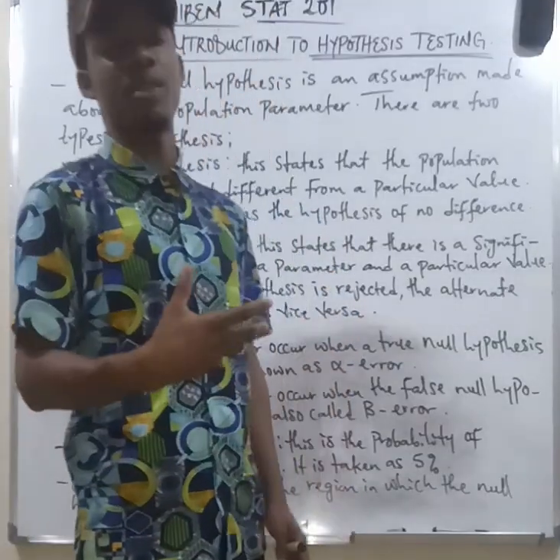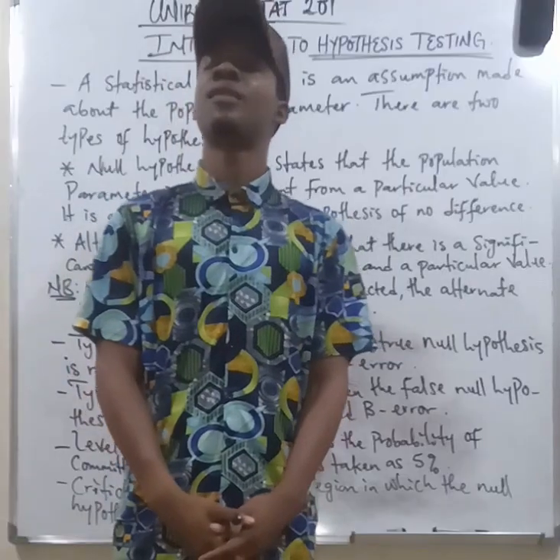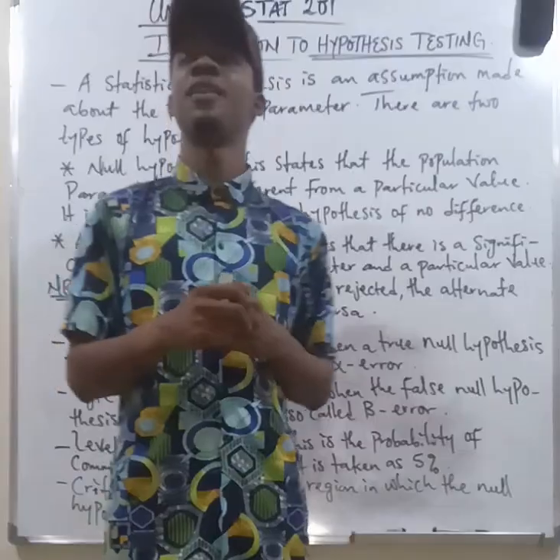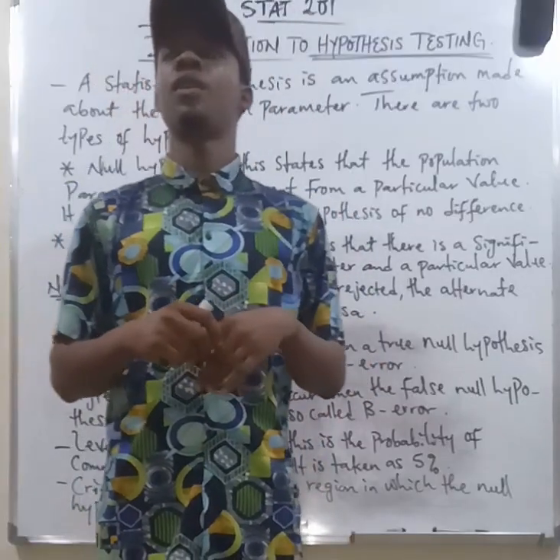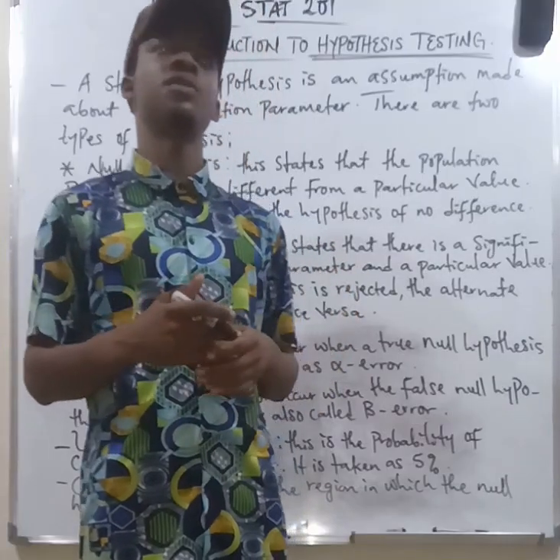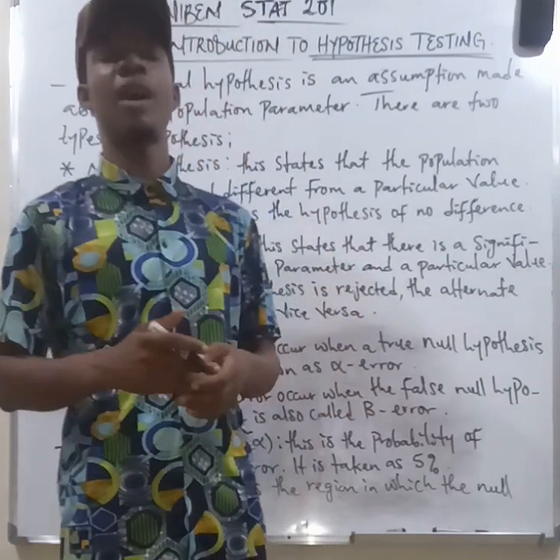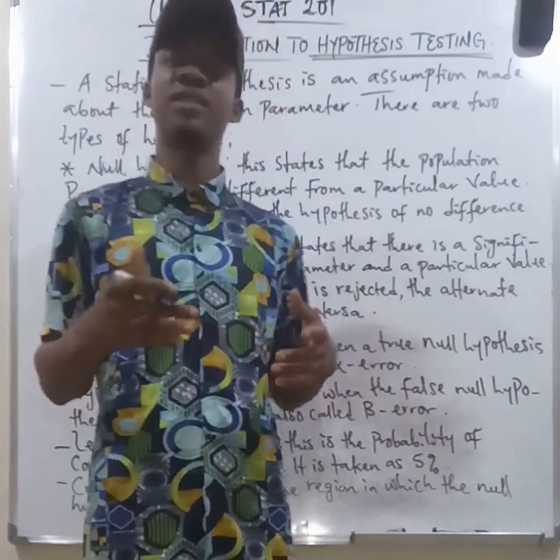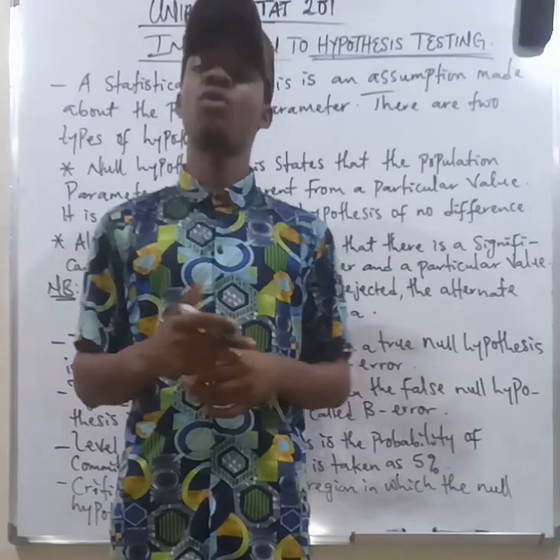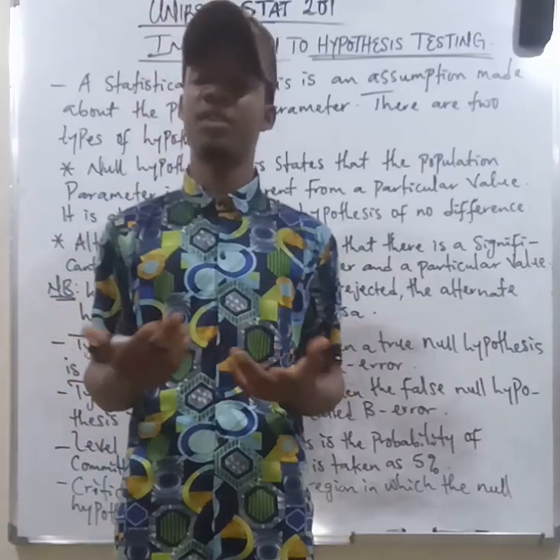So when somebody makes a hypothesis, you can just come up, for example, and say the number of obese girls in University of Benin is not less than 70%, or the average mean of obese girls in Uniben is not more than 25%, for example.